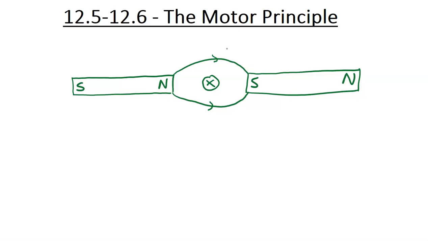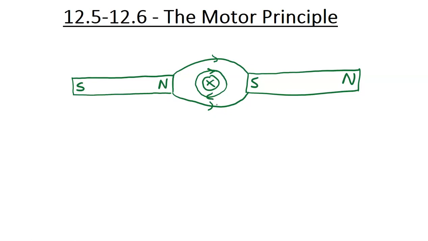So we have that idea, and then we also have the first right-hand rule: our thumb is in the direction of the current and our fingers wrap in the direction of the magnetic field. If we use the right hand, not the left hand, then we see it wraps in that direction.